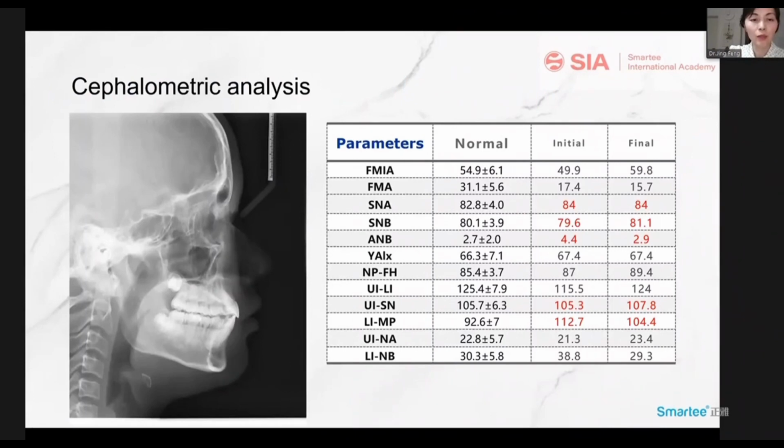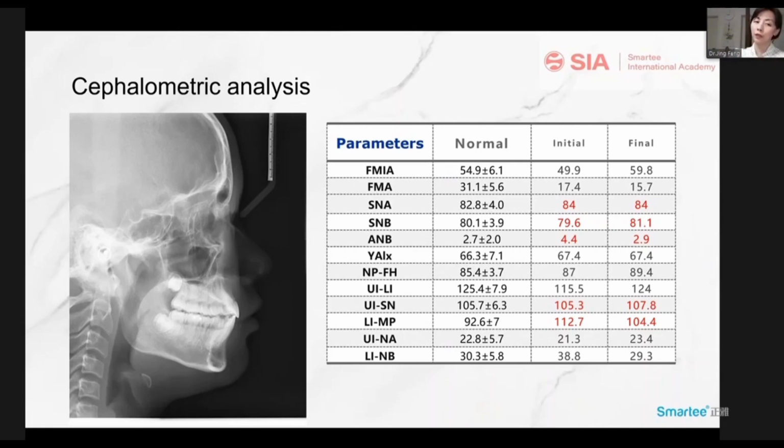We take good control of the inclination of the lower incisors and move the lower jaw forward pronouncedly, and we maintain the straight profile.